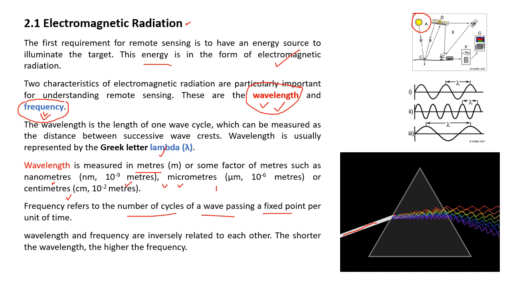this is a light which is passing through a prism, and this is a very popular practical in physics. So if you are passing a light, then you can see these colors here, meaning the energy is disintegrated, and you can see this disintegration in the form of the waves here.